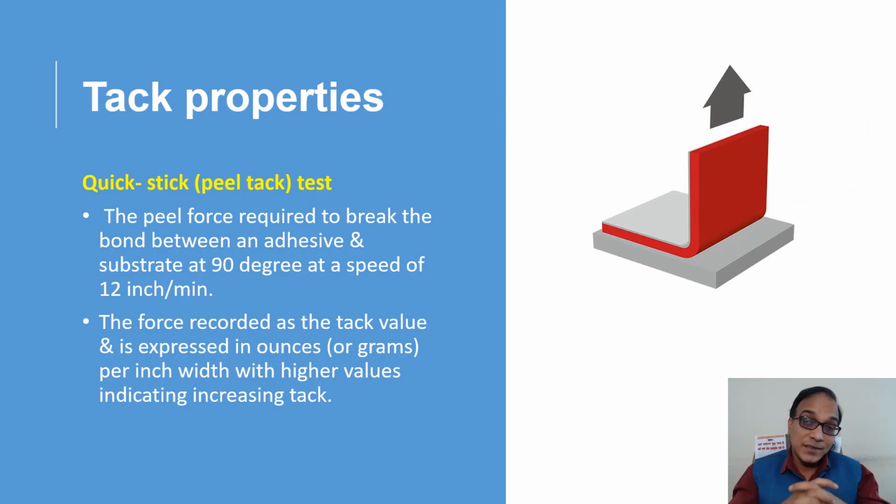Now tack properties, the second test, quick stick test or peel tack test. It is the peeling force required to break the bond between an adhesive and substrate at 90 degree at a speed of 12 inch per minute. As you can see here, at 90 degree this film is being peeled off at a speed of 12 inch per minute.